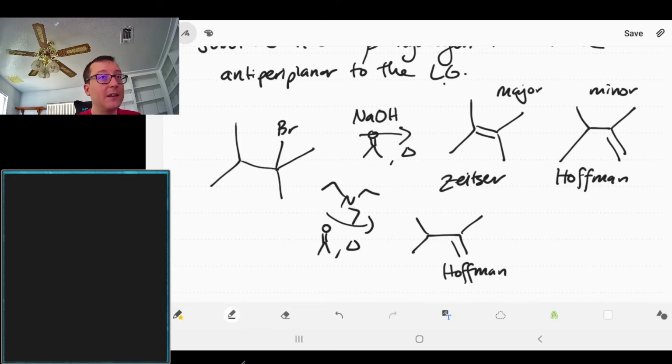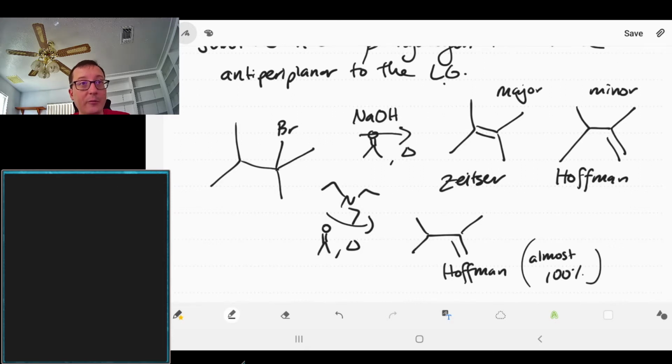It's generally better to make the Zaitsev product. Zaitsev product is more stable. But if we want to, for whatever reason, if we want the Hofmann product, generally doing a bulky base will give you the Hofmann almost exclusively. So the bulkier your base is, you're only going to get Hofmann out.